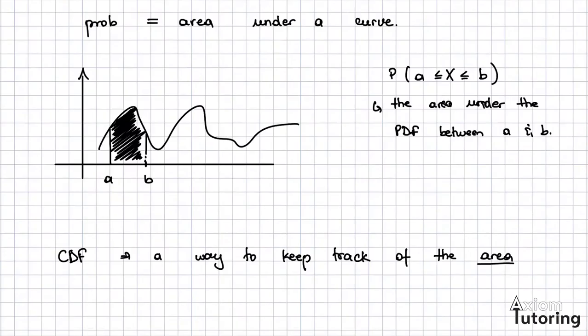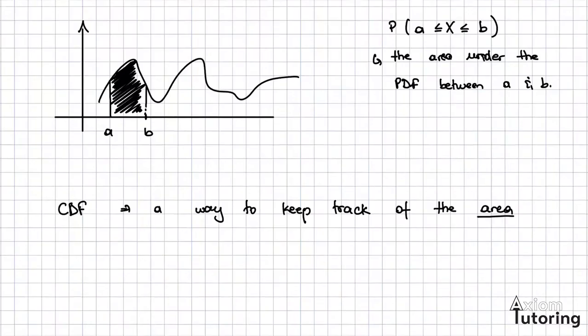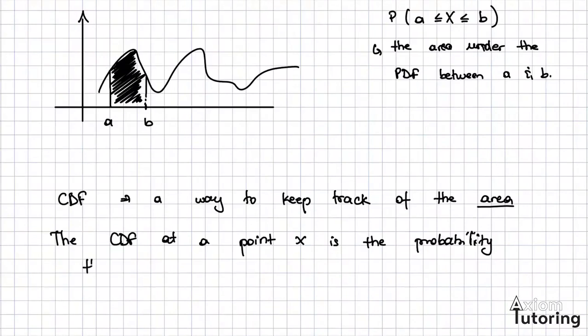More verbally, we can also say that the CDF at a point x is the probability that X is less than or equal to a particular value x.